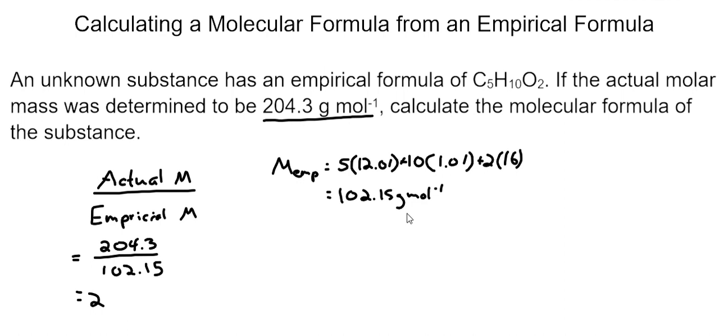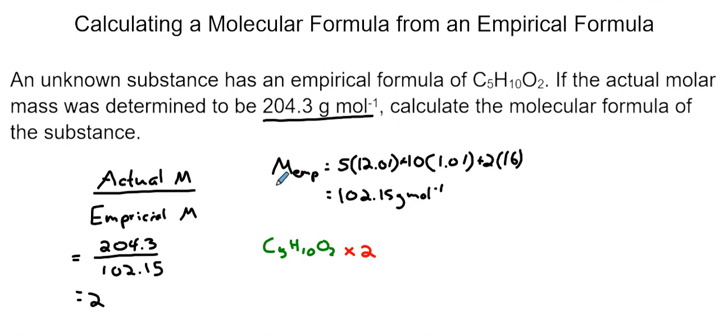What we now do with that 2 is we look at our empirical formula, which I'll rewrite here, C5H10O2. And what we'll do now is multiply all those subscripts by the value that we got over here, the 2. So we're going to multiply by 2.